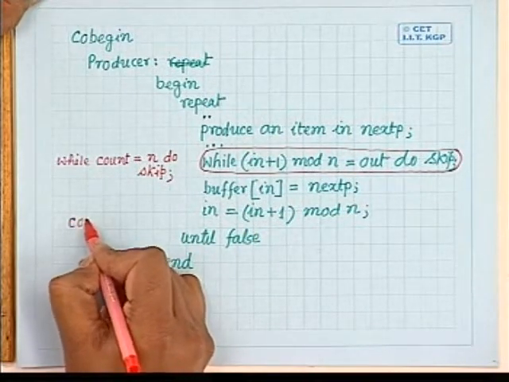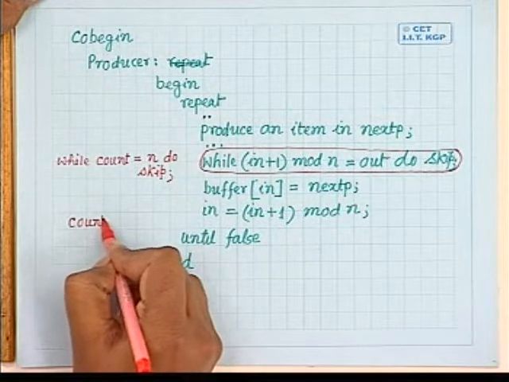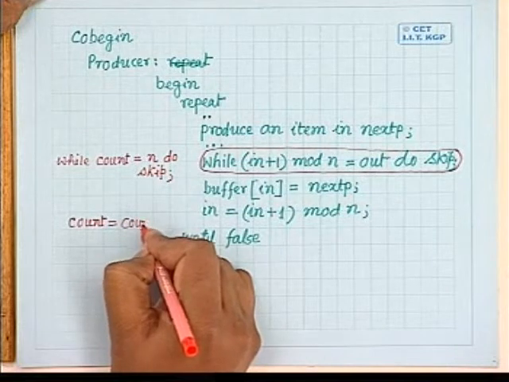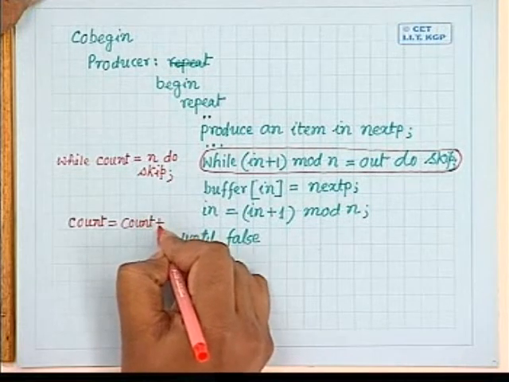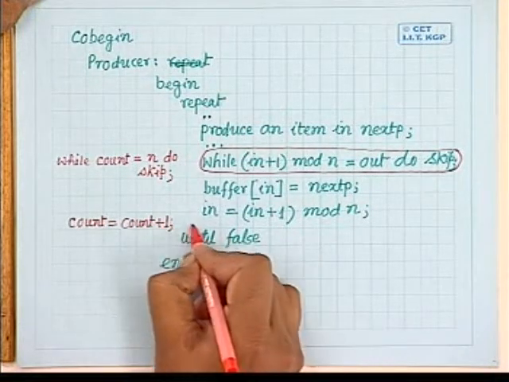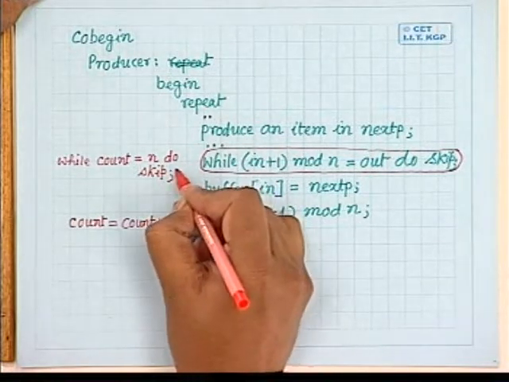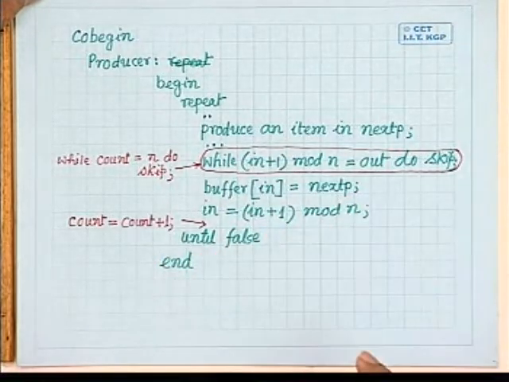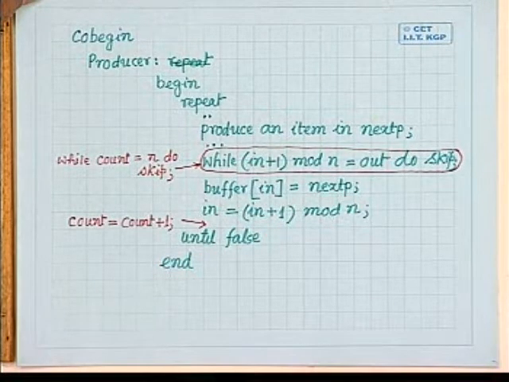So it has to make count equal to count plus 1. That has to be inserted here, and this will replace this statement. Our assumption is initially the value of count is equal to 0.